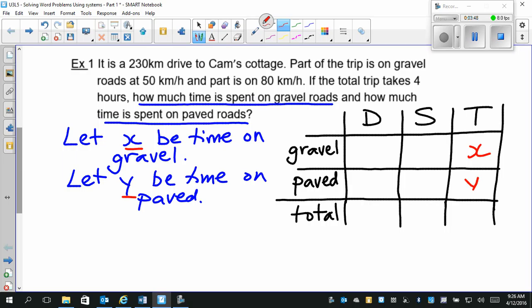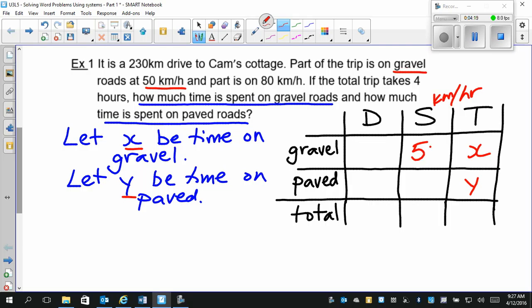And now we'll read through the question to fill in the rest of the information. So it's 230 kilometers to drive to Cam's Cottage. Part of the trip is on gravel roads at 50 kilometers per hour. So that's the speed on the gravel, in kilometers per hour, so that's going to go there.